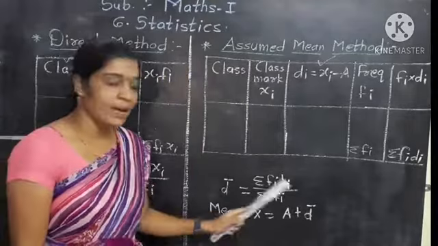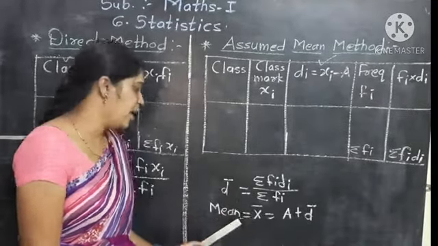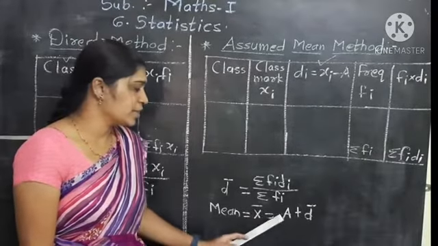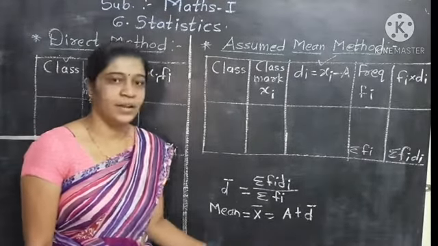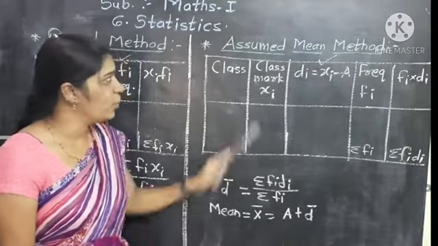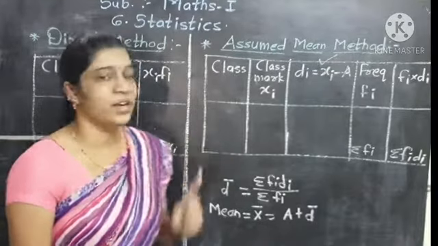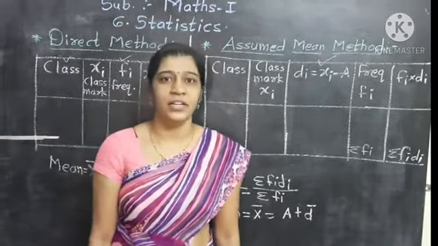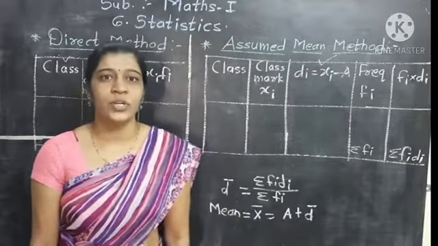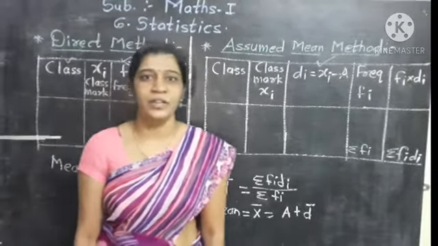First find d bar as sigma fi di divided by sigma fi, and then mean x bar is equal to a plus d bar. Here a is the assumed mean. In this way we find the mean by the assumed mean method. So we learned both these methods in the earlier videos. So students, today we will see the third method, that is the step deviation method.